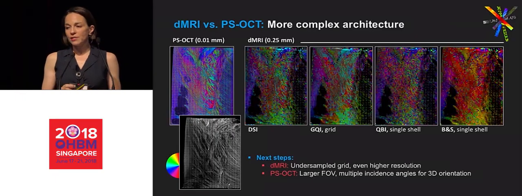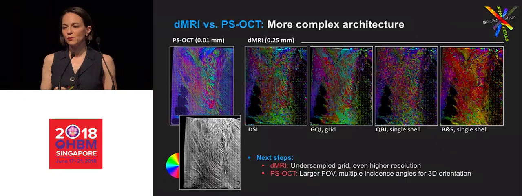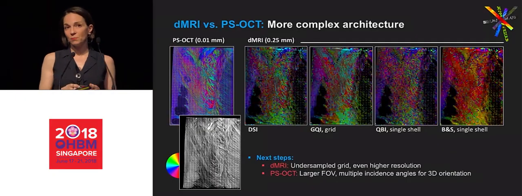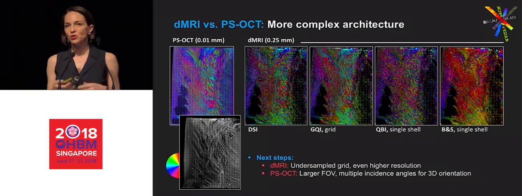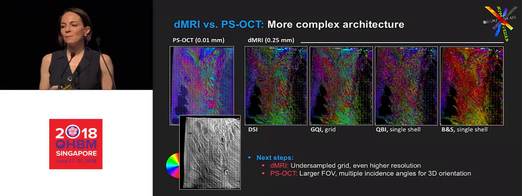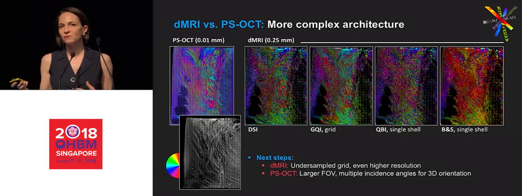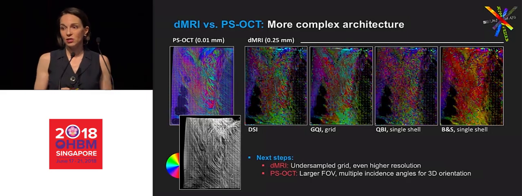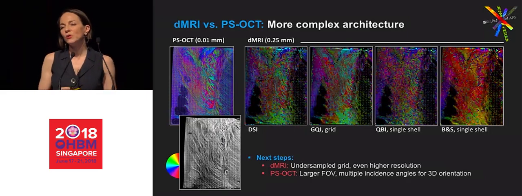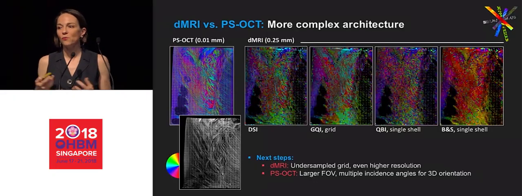Going forward, we would like to further investigate the grid acquisition by potentially undersampling it and using compressed sensing approaches to speed up the acquisition and potentially go to even higher resolution. But these images are encouraging us that if we could collect at 250 micron resolution ex vivo images of the whole brain, we could get very close to having a ground truth atlas of the wiring of the brain.